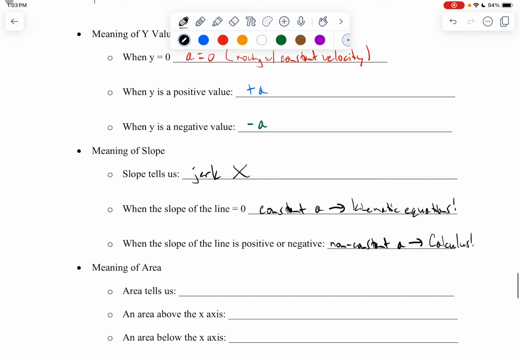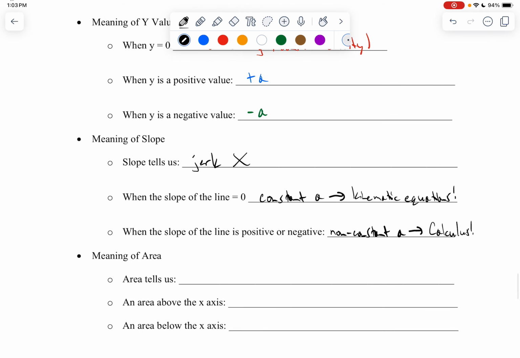Last thing, we're thinking about the meaning of area. Our area tells us our change in velocity. So it's not necessarily the velocity at a given moment in time, but how much our velocity changes.